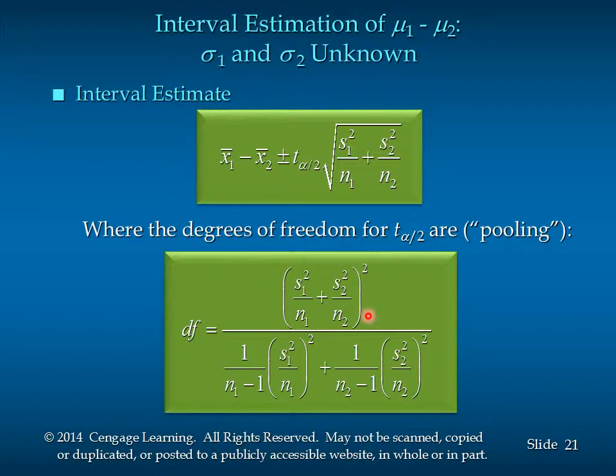A lot of it is dependent, as you can see in the formula here, upon the standard deviation for that sample itself. So you can't go right at it. You have to come in at a different angle or a different formula. The good news is that when you get to the software, these calculations are done for you.